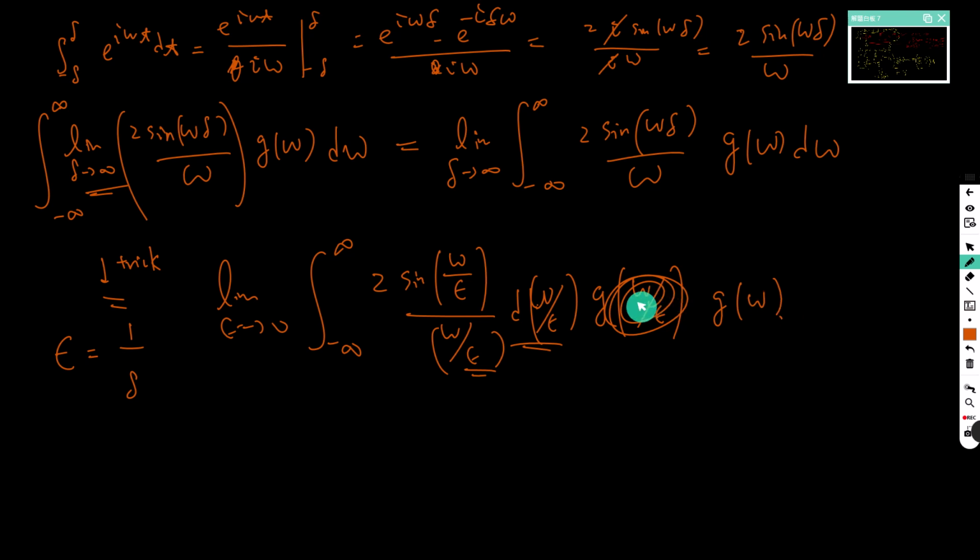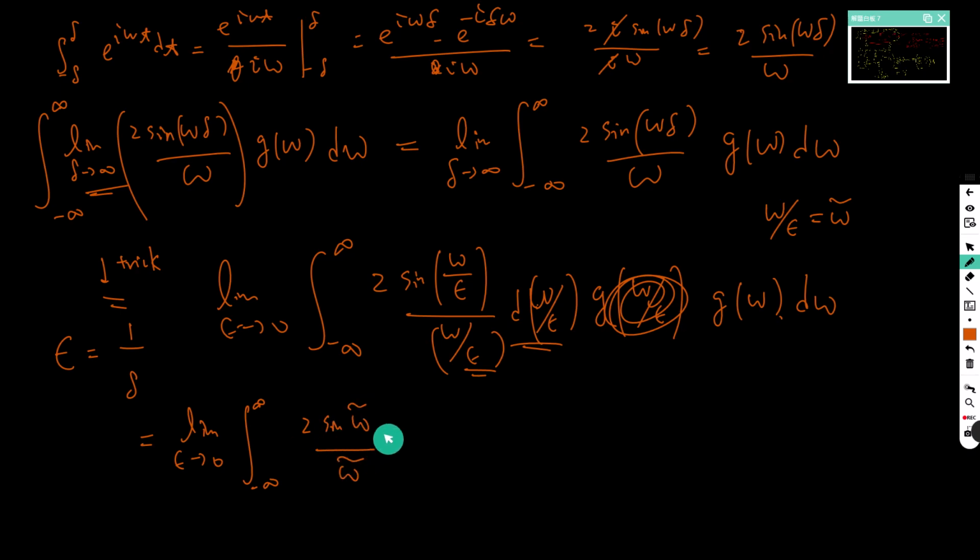Now I can do a change of variable again. I can write omega divided by epsilon to be omega delta, just for convenience. So write the limit epsilon goes to 0 of the integral from negative infinity to infinity of 2 sine of omega delta d omega delta, and g of epsilon omega delta.